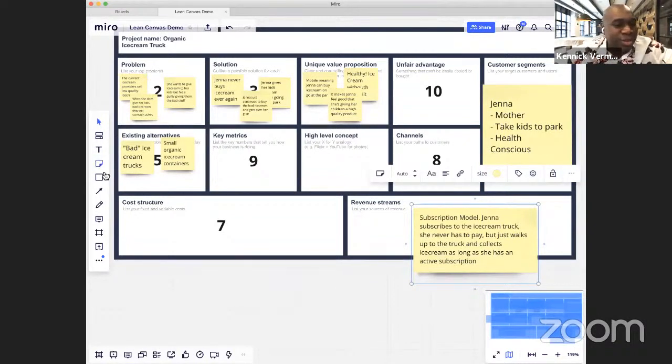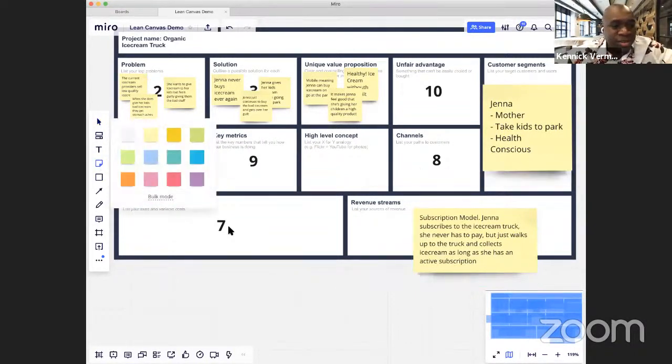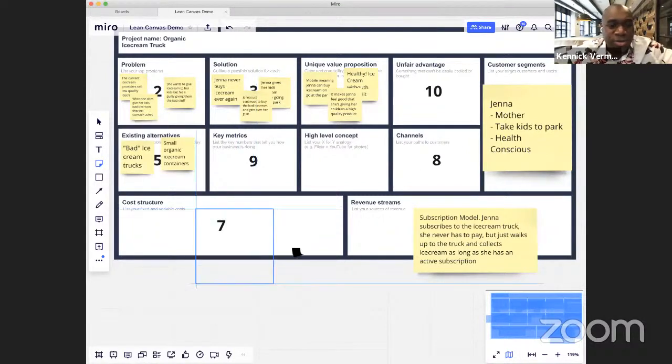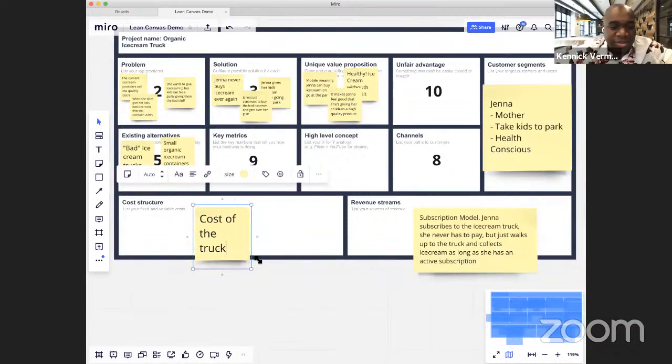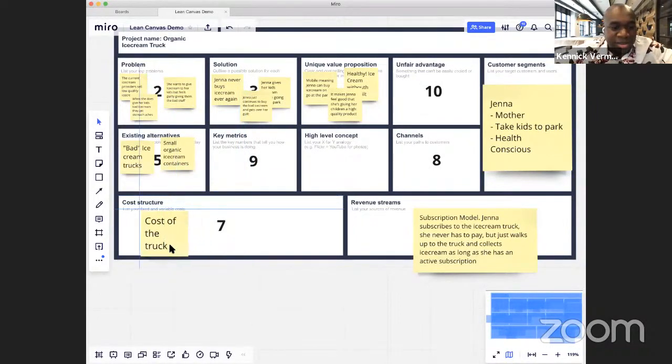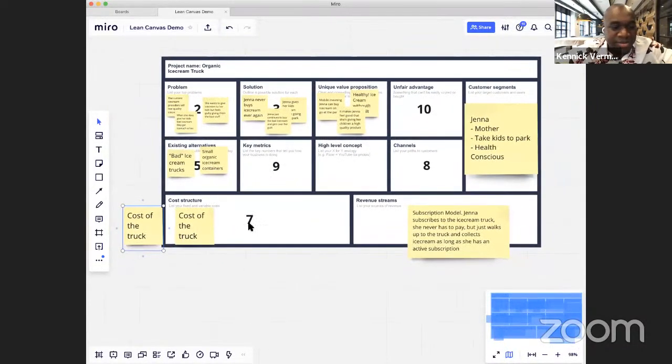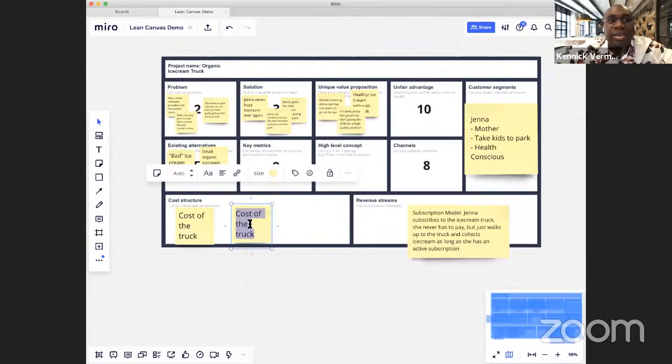All right, now that we've talked about our revenue stream, let's jump right into our cost structure. So what are the top 3 costs? Cost of the truck, because you have to get from A to B. You also now have the technology architecture costs that supports the subscription model.